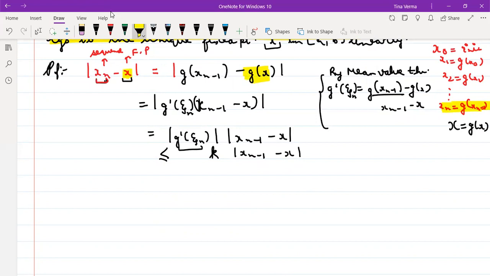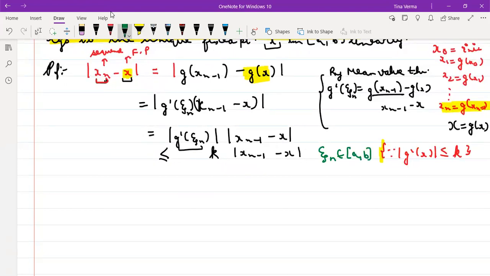I am separating the modulus, so this is modulus g dash psi n times modulus xn minus 1 minus x, because it is given to us that modulus g dash x is less than or equal to k. That means the whole quantity will be less than or equal to k times modulus xn minus 1 minus x. And obviously here this psi n belongs to the same interval in which you take the fixed point.